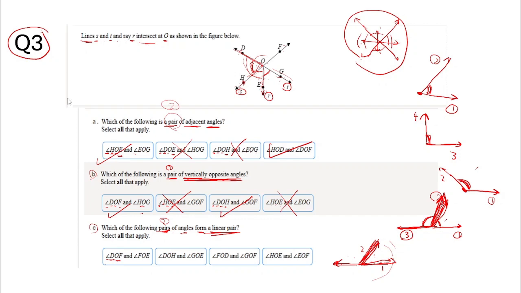This is FO, and the other ray in the opposite direction to this ray, so it will be FOG. So DOF, FOG. Okay, what does it say here? DOF with FOE. Okay, they share the common ray, but they are not in opposite directions, so this answer is wrong.